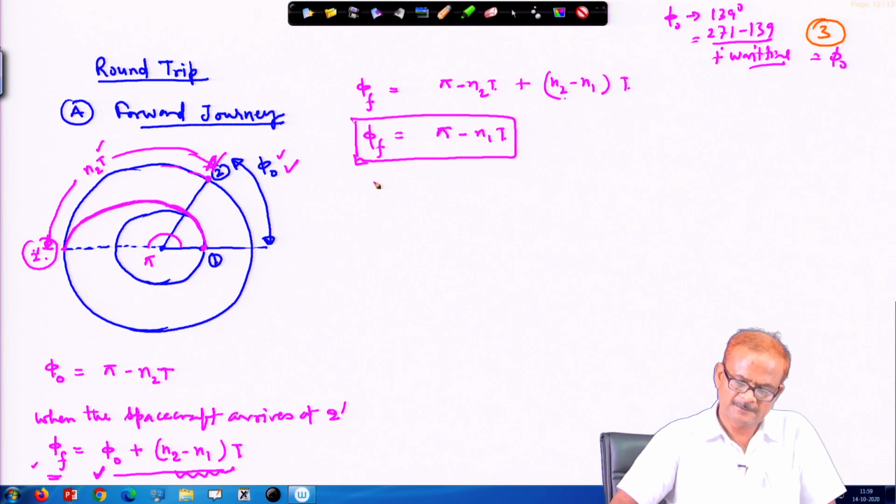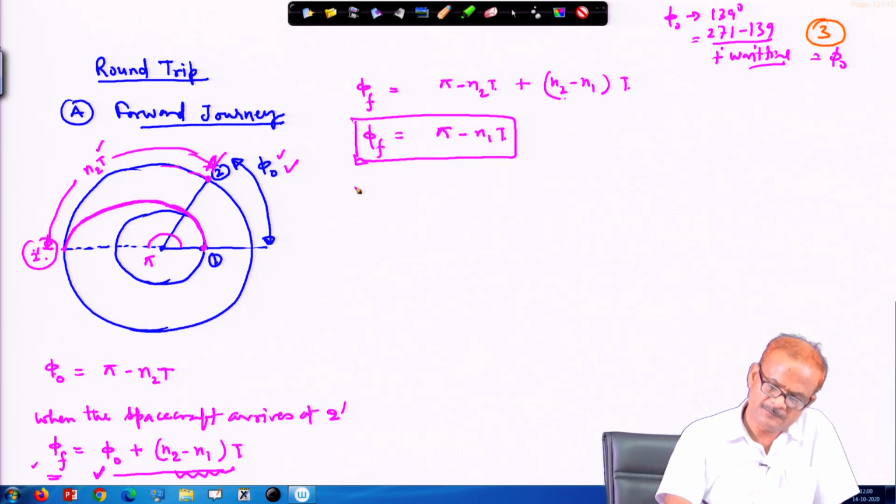Because 1 is faster, and therefore, this phi f will turn out to be negative. So, this same thing we can write here in this way also, this is n 1 t minus pi.